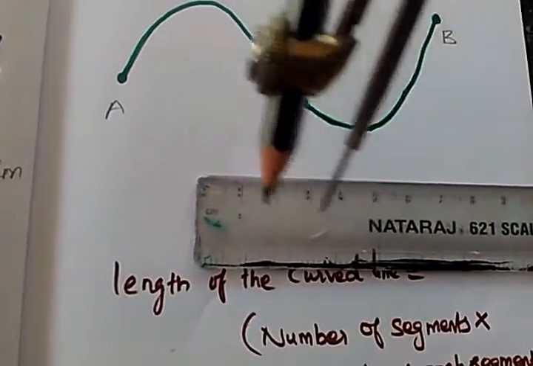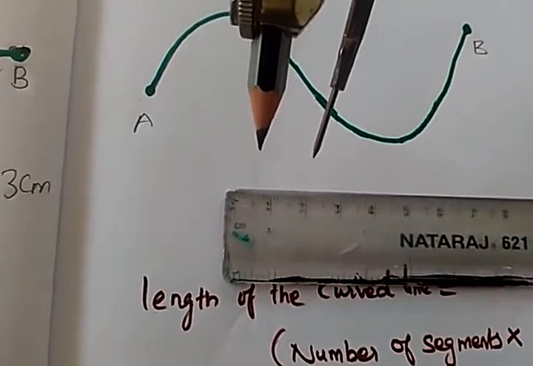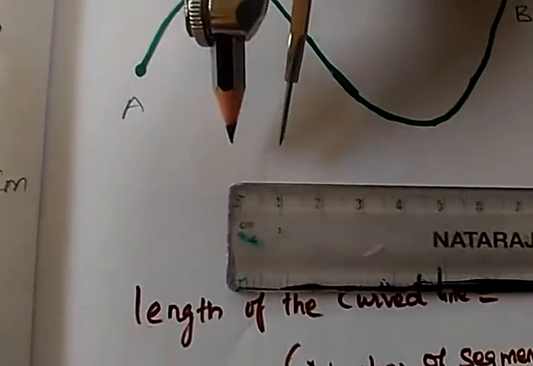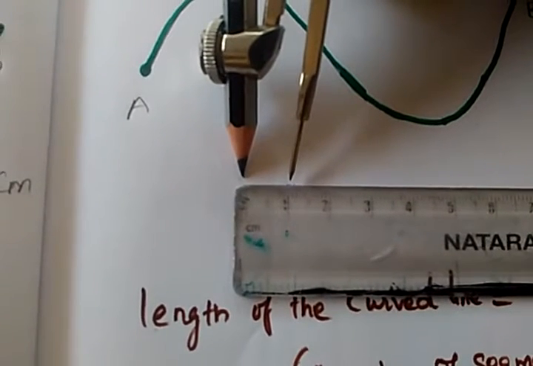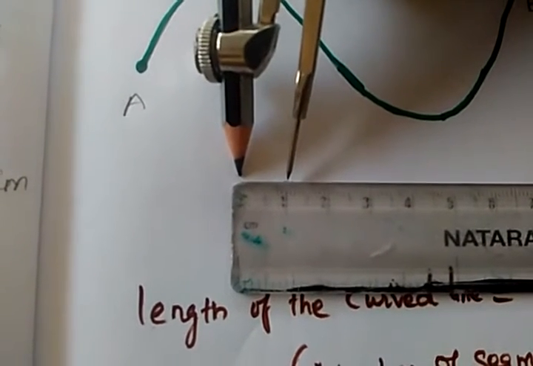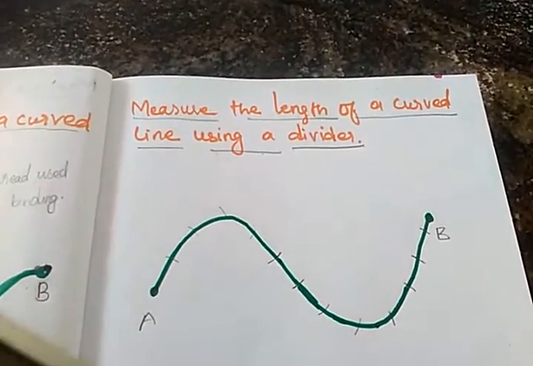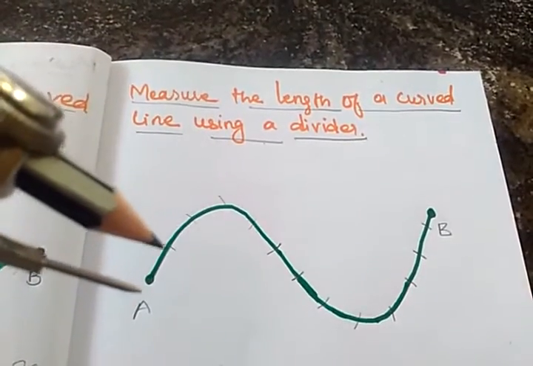The legs of the divider are set apart by 0.5 centimeter or 1 centimeter. Here I have set 1 centimeter in the divider.